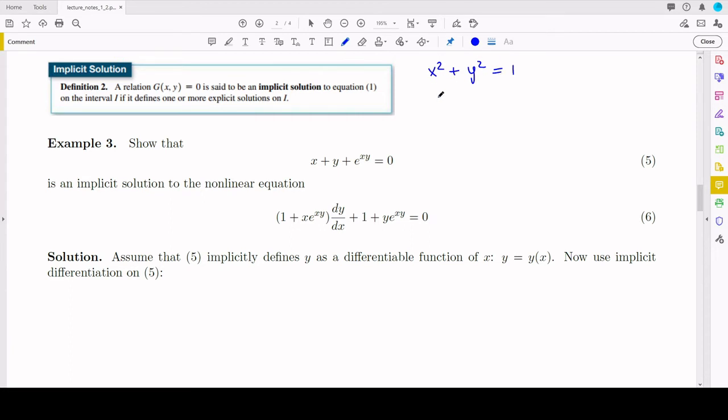Now, we can solve this equation for y by subtracting x squared on both sides, and then to get y by itself, we use the square root. However, that's not the only solution.